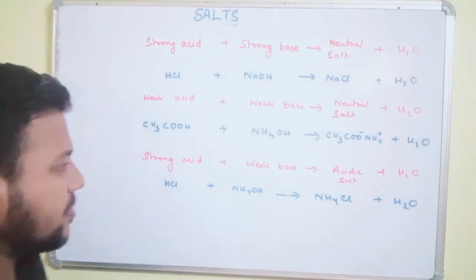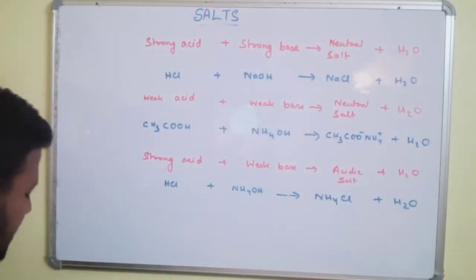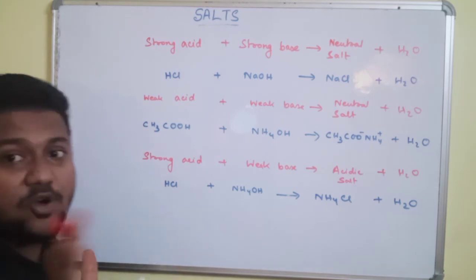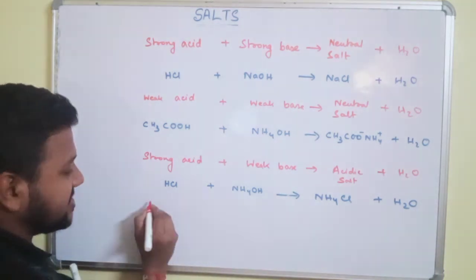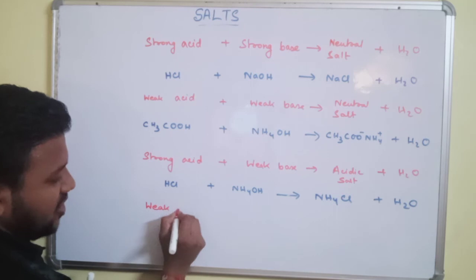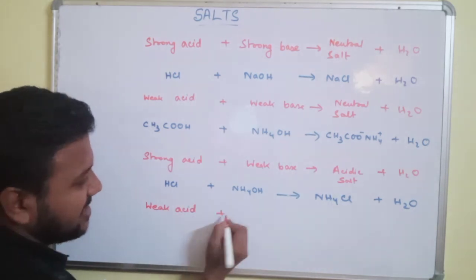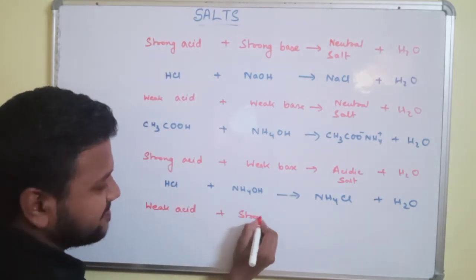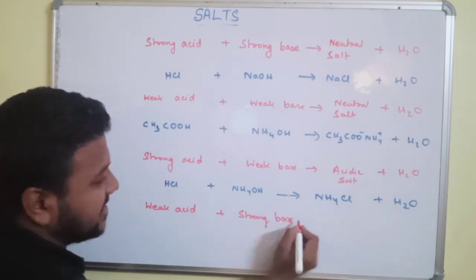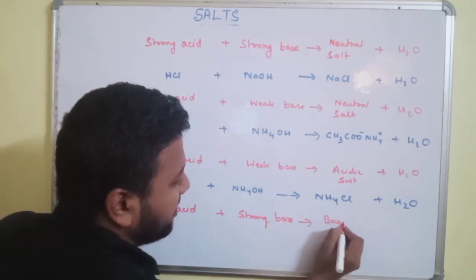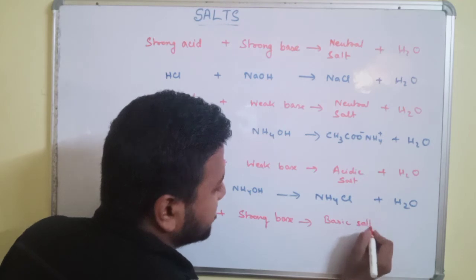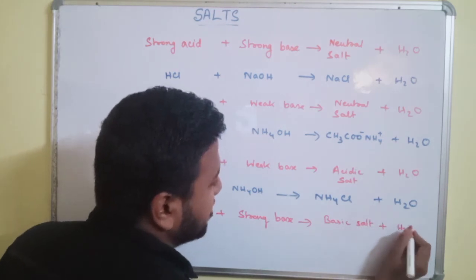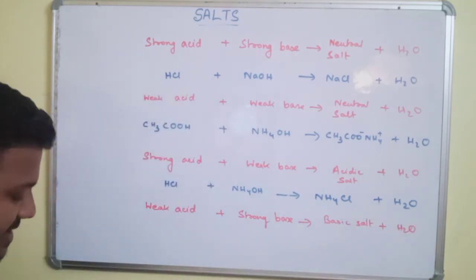Let us see the formation of basic salt. In the case of basic salt, you can also understand that if we take a weak acid and react it with a strong base, we get the formation of a basic salt with the liberation of H2O. Let us see an example.